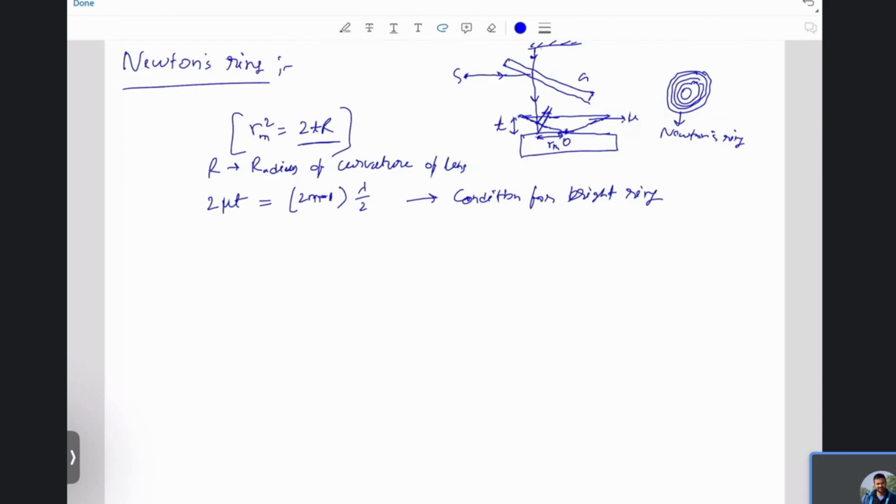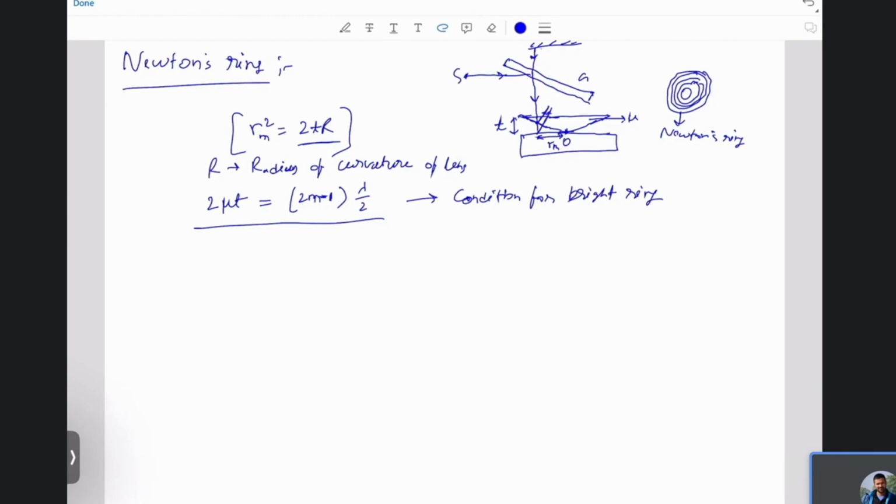And then we have this condition for bright ring, where 2 mu t is the path difference between the two light rays, and it should be equal to (2m minus 1) lambda by 2 for getting the bright ring.